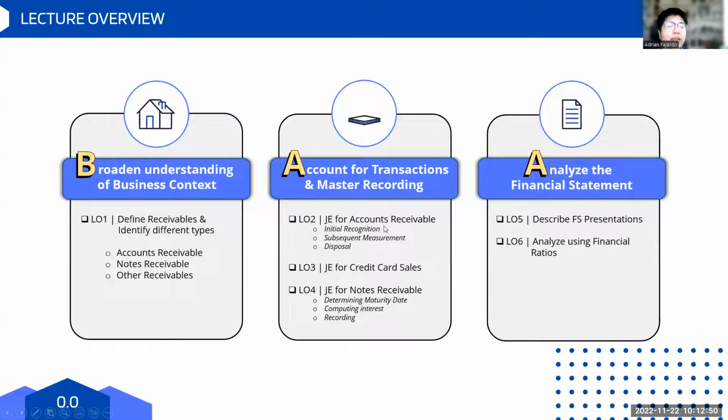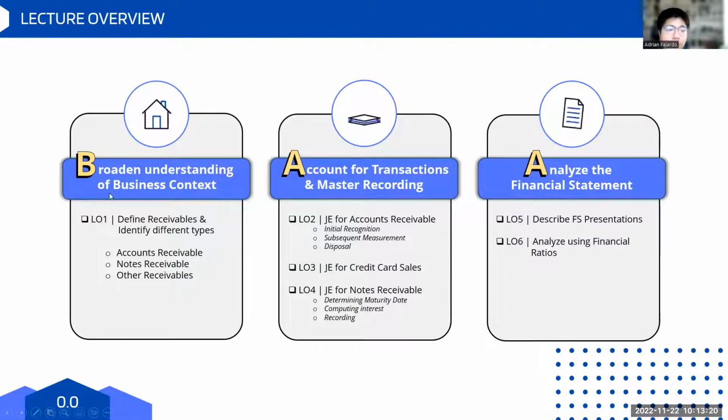And then the bulk of today's discussion is understanding two concepts: BDE or bad debt expense, and second, ADA or allowance for doubtful accounts. For me, as long as you master the T accounts for BDE, ADA, and AR, receivables should be a very easy topic for you, at least for the first part. Notes receivable, let's talk about it next week.